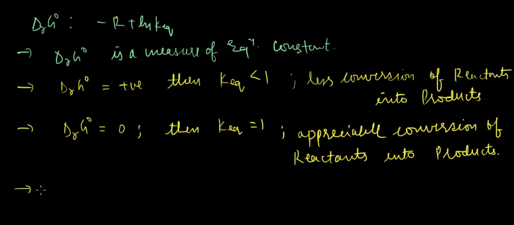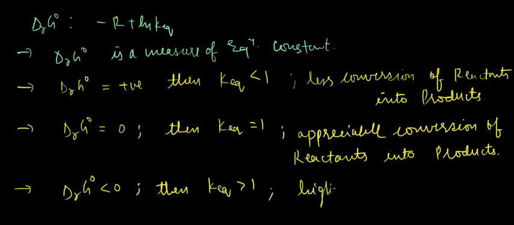And lastly, if we have delta Rg naught negative, then K equivalent would be greater than 1, and we have higher conversion of reactants into products.